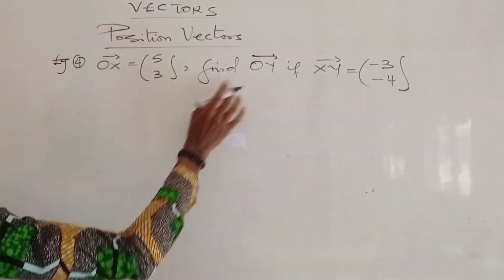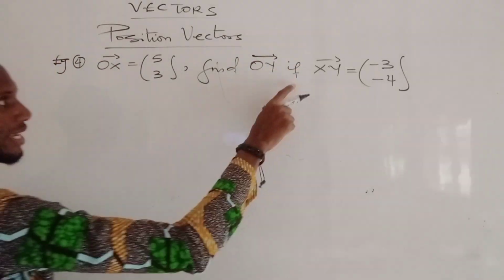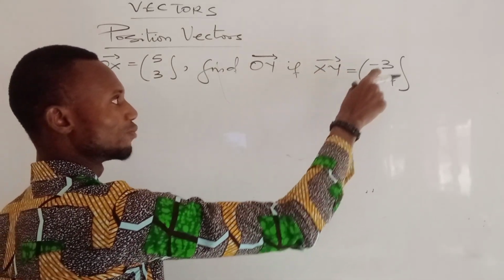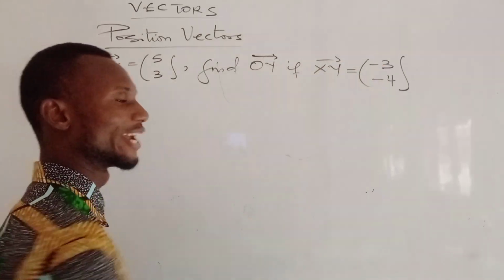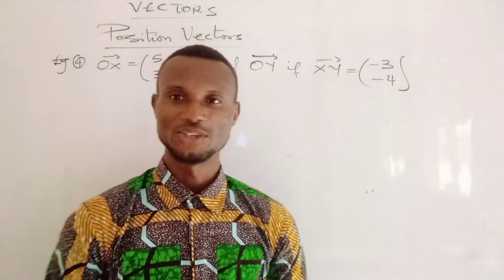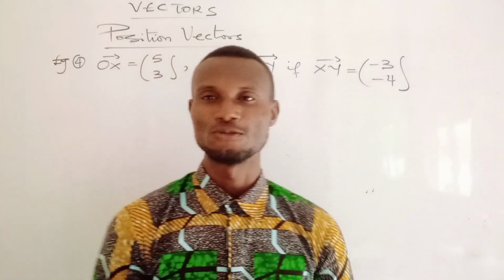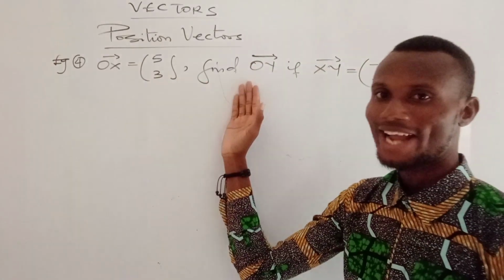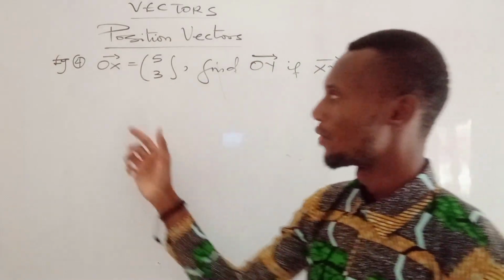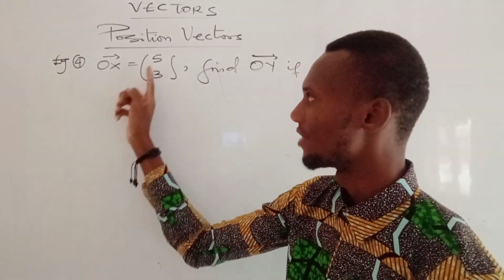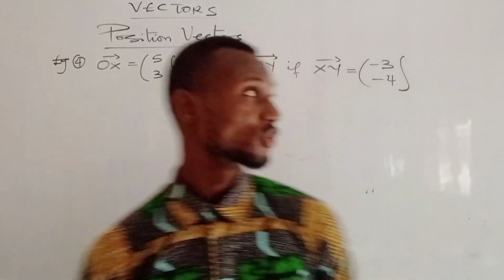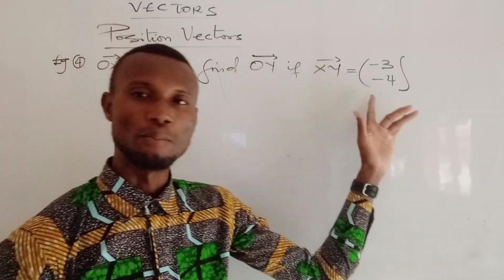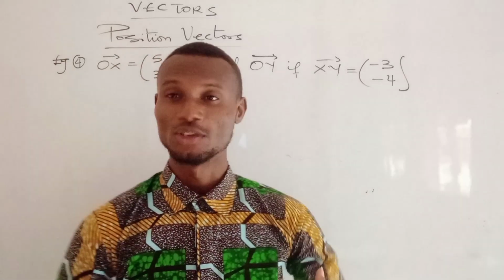Find vector OY if the vector SY is given to be -3, -4. So the question is asking us to find the vector OY, given that we have OS to be 5, 3 and also the vector SY to be -3, -4.